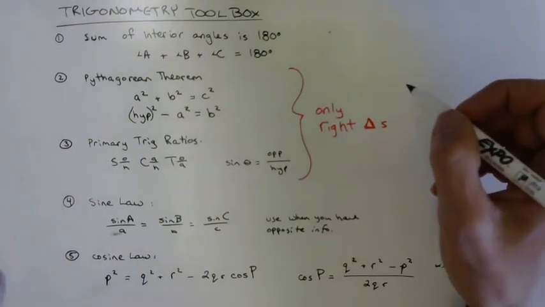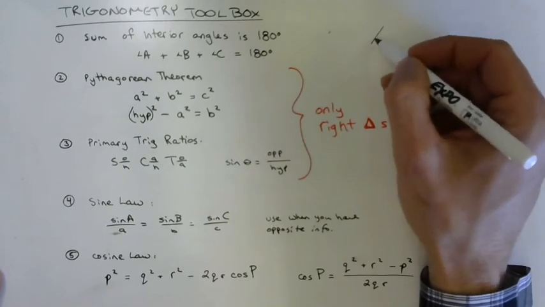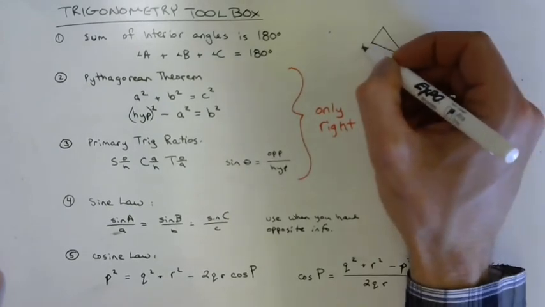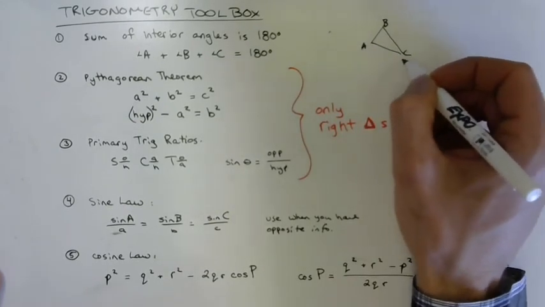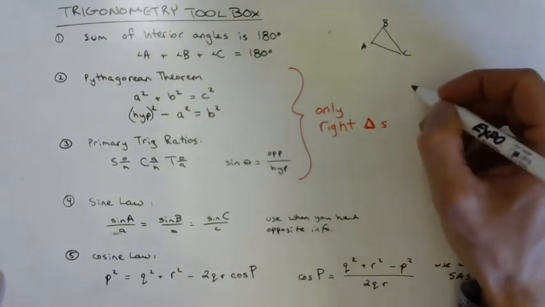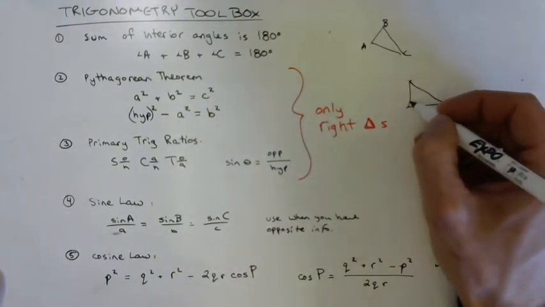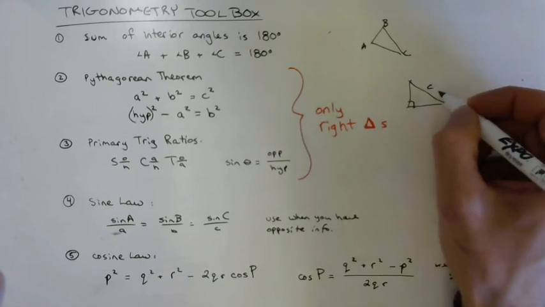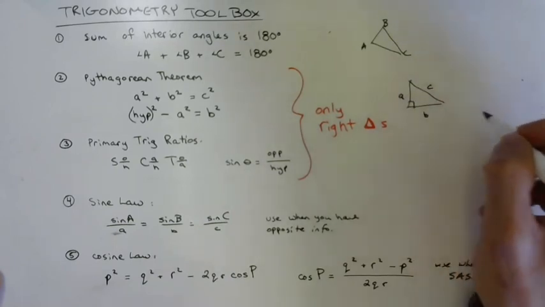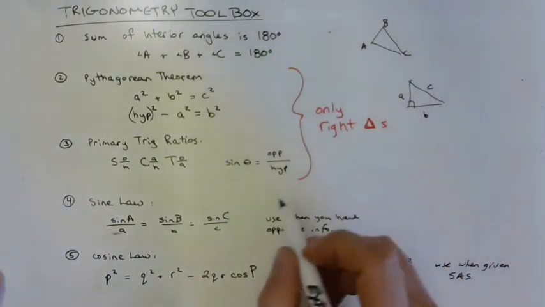What about secondary trig ratios? Here you're looking at any triangle, ABC adds up to 180. Here you're looking at right angle triangles, where C is always the hypotenuse. Okay.